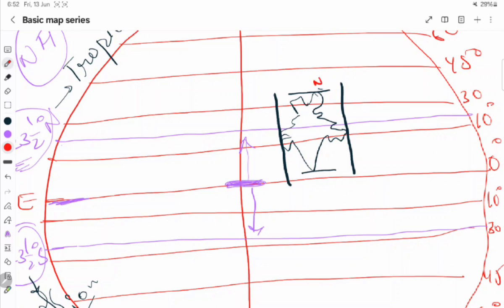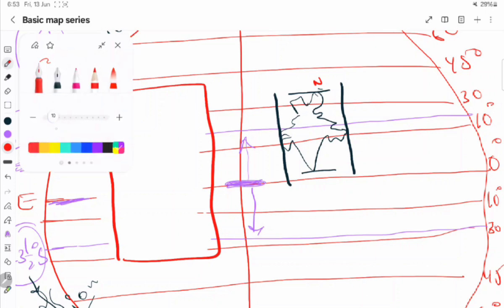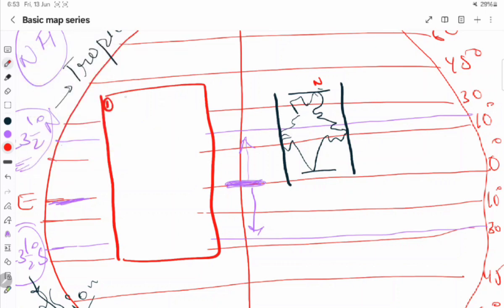The first thing we are going to read about India's location, let me write it here in a box. First thing is, India entirely lies in the northern hemisphere. This is India, in the northern hemisphere.